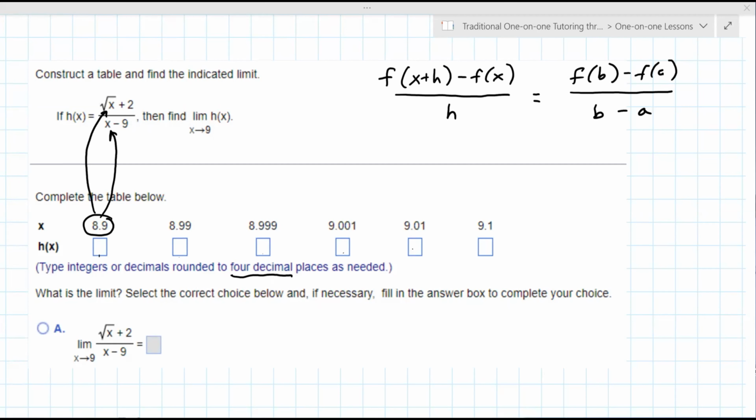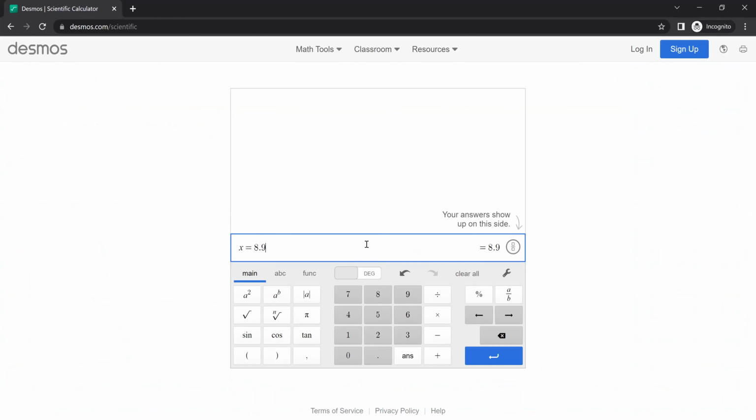All right. So new share. All right. So it's slightly programming, but really it isn't. So I'm going to go x equals 8.9, and I'm going to hit enter, and that stores 8.9 into x. And then in the next line I can do square root of x plus 2 over x minus 9, and you can see that it gives you the value over here on the right.